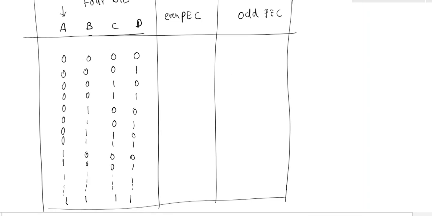The even parity checker is checking the data along with the parity bit and it is generating the parity error check bit as a 1 if an error occurs. The parity error check bit is equal to 1 if an error occurs and it is 0 if there is no error.